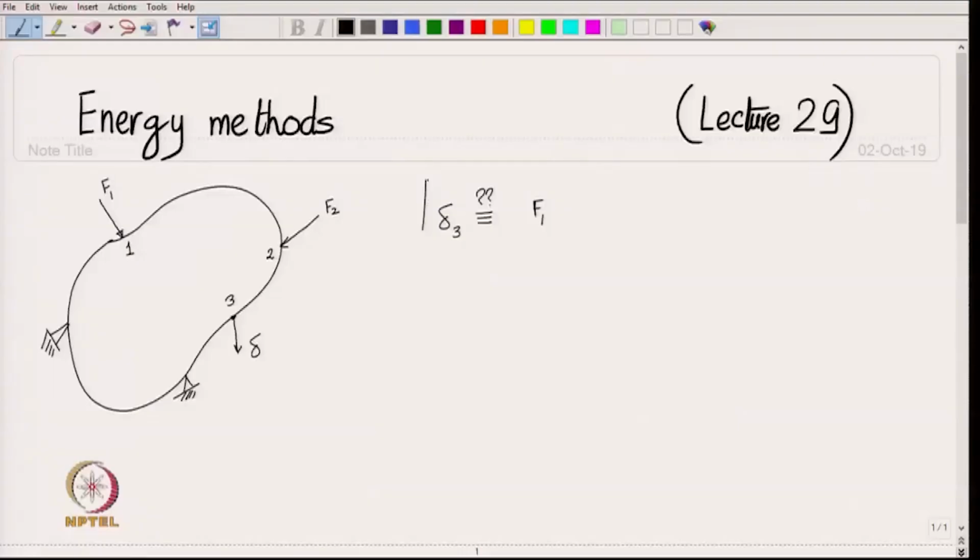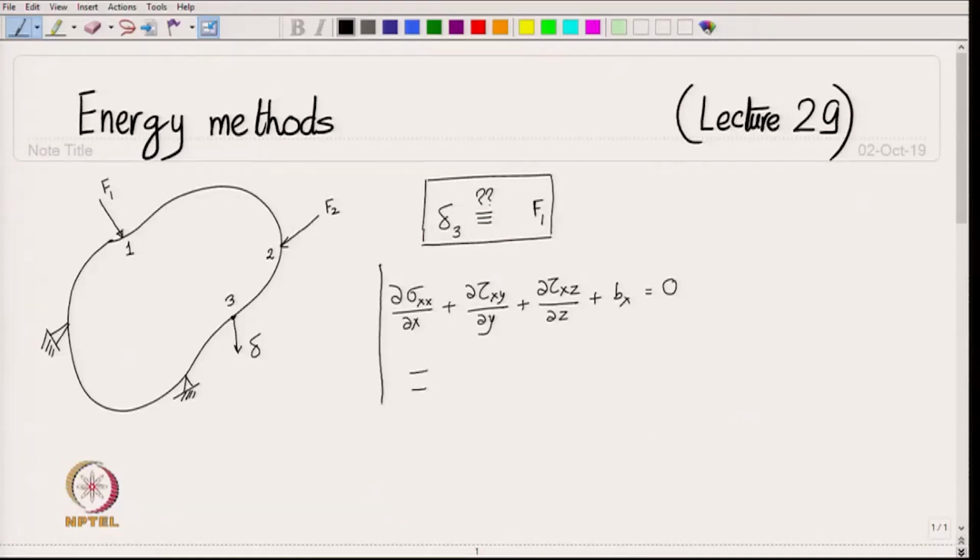Okay. To answer that question, let us first have a look at the equations of elasticity. So, we may recall the equation was del sigma x x over del x plus del tau x y over del y plus del tau x z over del z plus the body force is equal to 0. If it is in statics, then you have two more equations, and this has to be supplemented by the boundary condition, right.